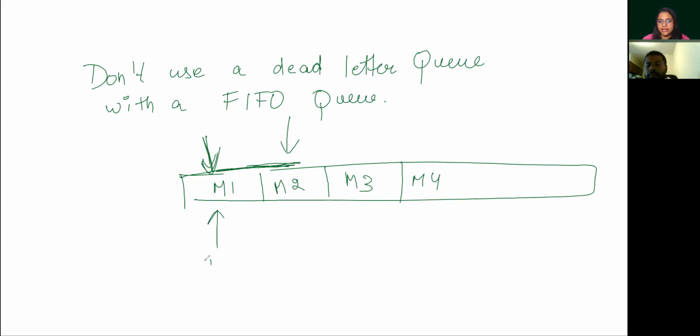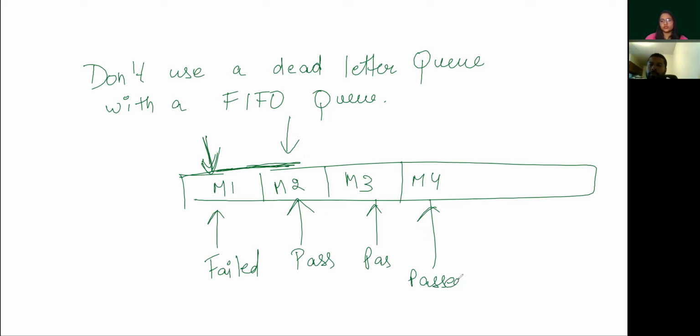So say this one failed while processing, but this gets passed, this also gets passed, this also gets passed. So what will happen after reprocessing it in the dead queue? It has to go right back to this order, M4 order.